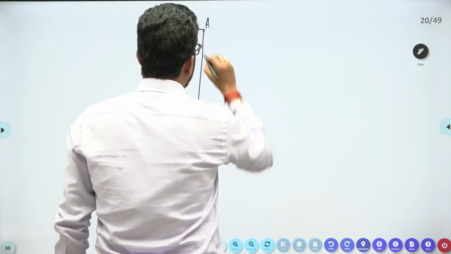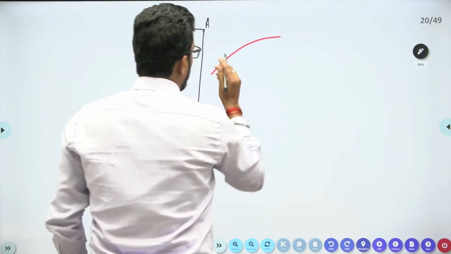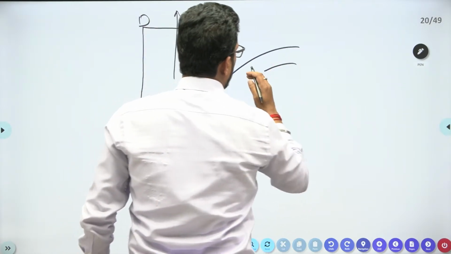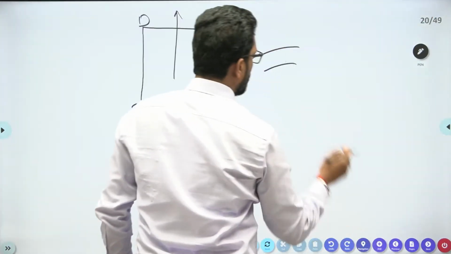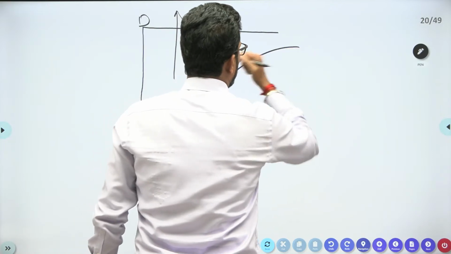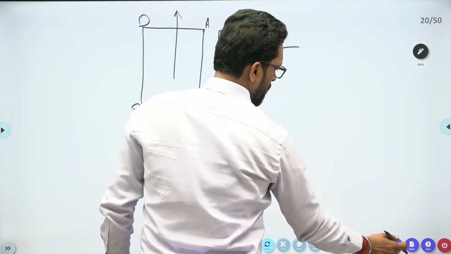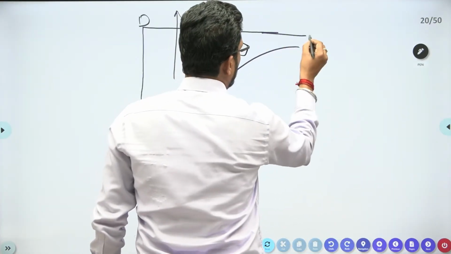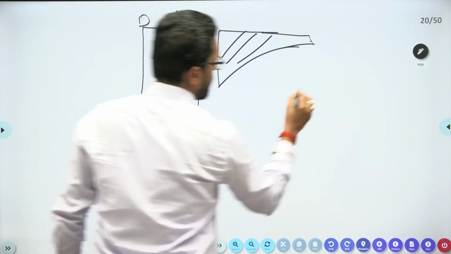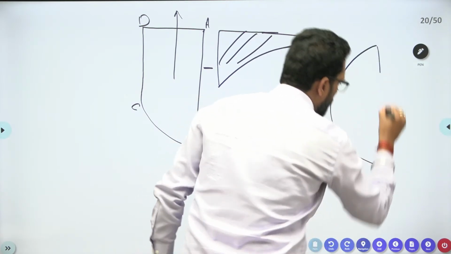Then this much amount, so you subtract this, and you have only this semicircle.